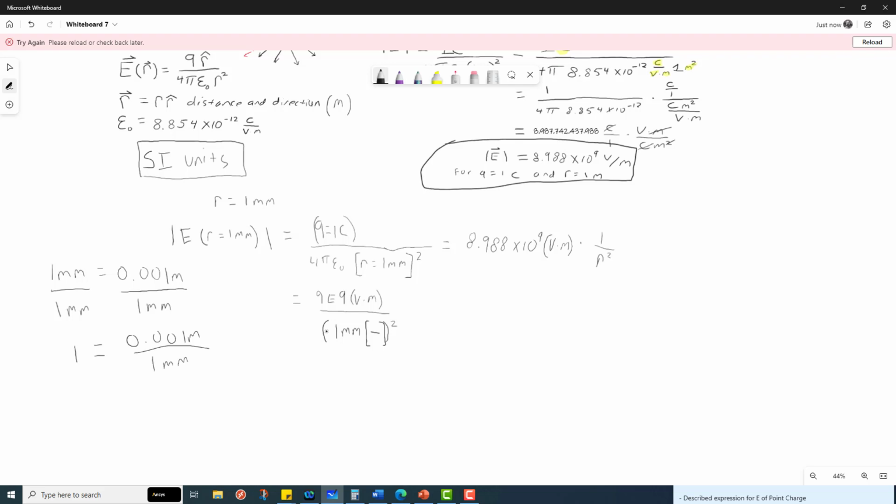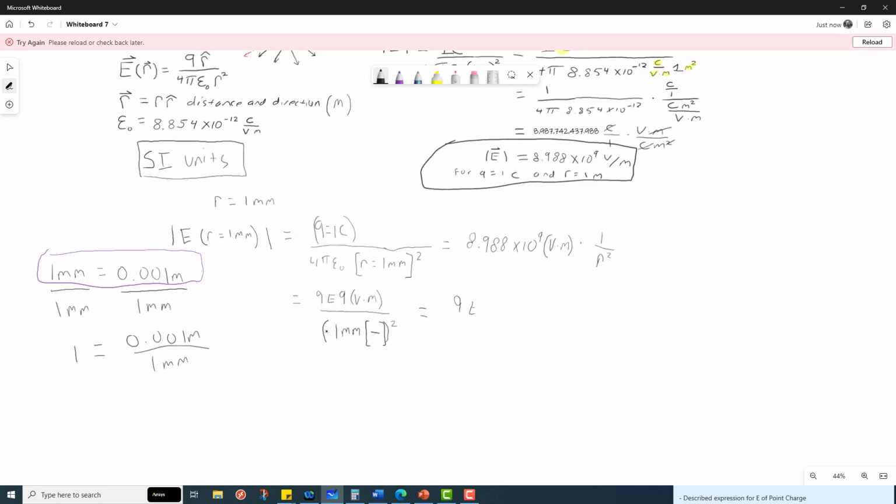This quantity here is something I would look up on the internet or pull from a conversion table, and all I did was apply some algebra to get it into this form, because ultimately I want to multiply by 1, and you'll see what happens. Let's continue this on. I'll go back to black and I'll need more space again.